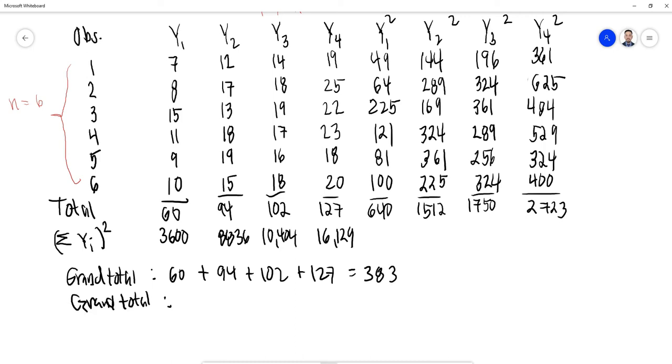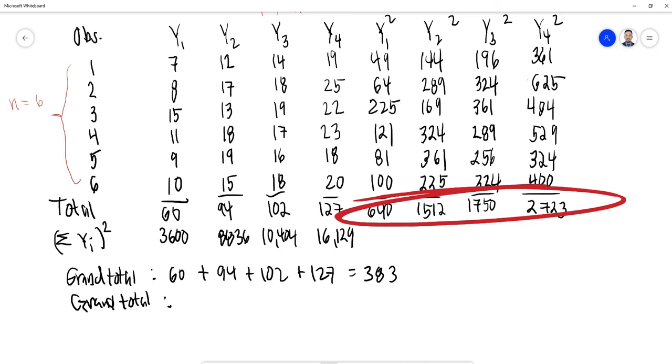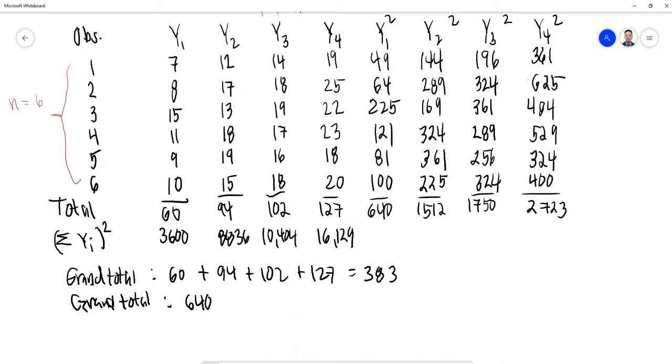The grand total for the new columns: 640 plus 1512 plus 1750 plus 2723 will give us 6,625.